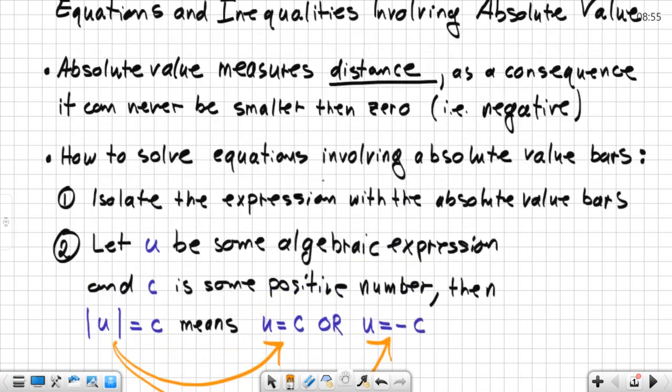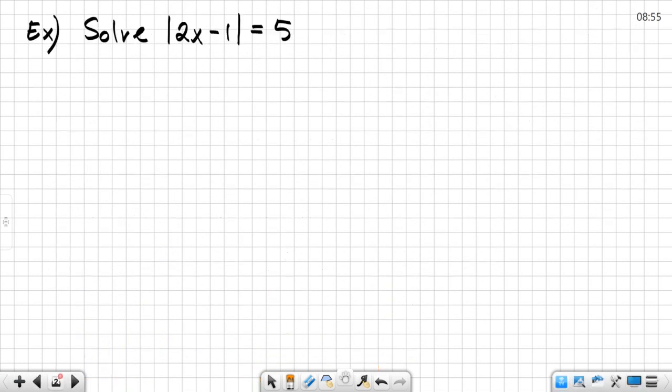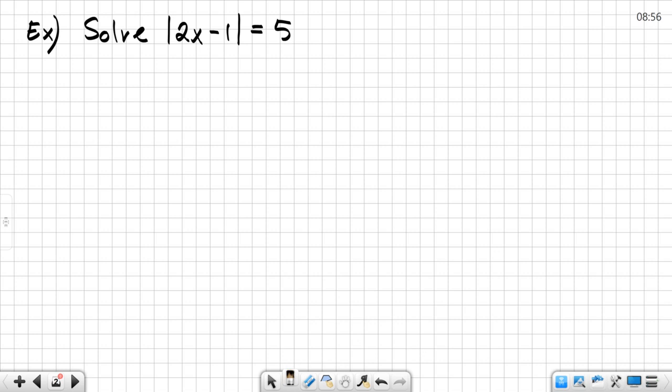Let's look at a concrete example. So we want to solve the absolute value of 2x minus 1 is equal to positive 5. Now the first step I do not need to worry about because my absolute value expression is already alone and isolated on the left side.